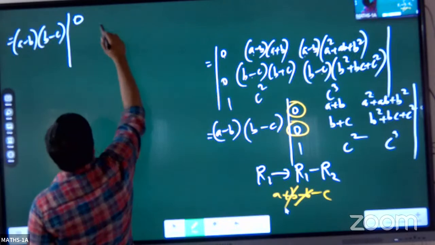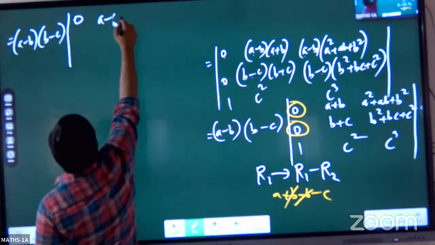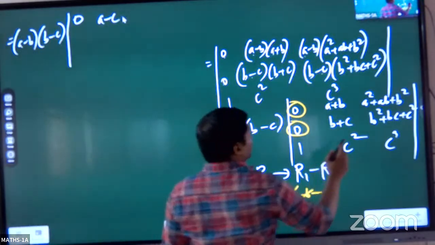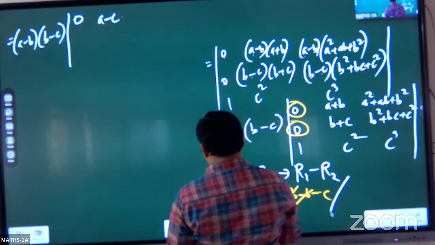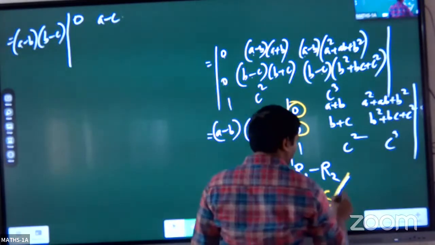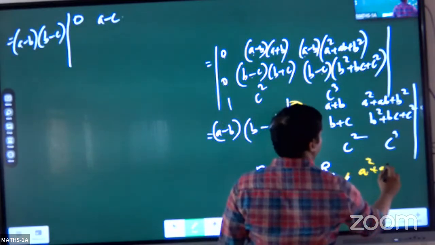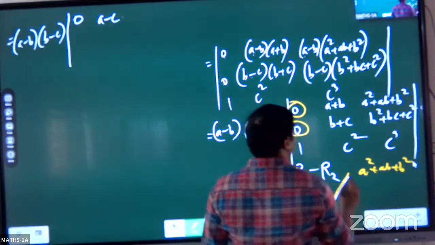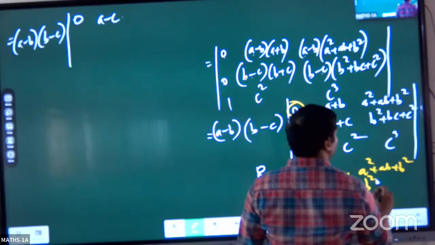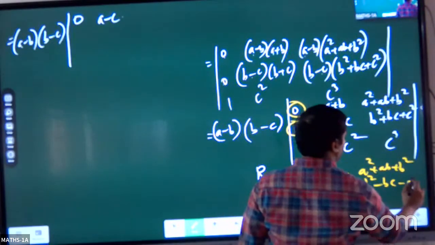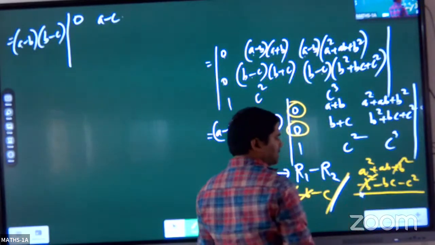What I'm going to get here? a minus c. Next. Now this is important. The students usually where they will have confusion means this is the part. Have a look once, everybody. a square plus ab plus b square minus R2, minus of this means minus b square minus bc minus c square, correct?